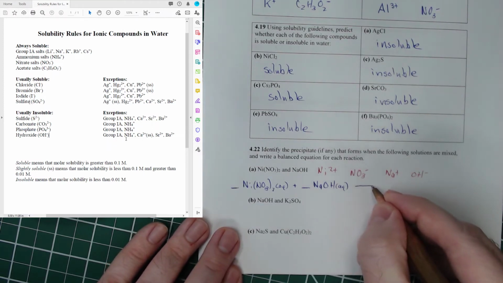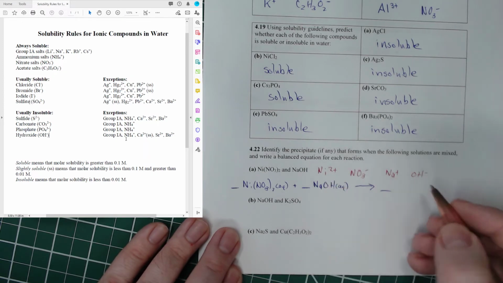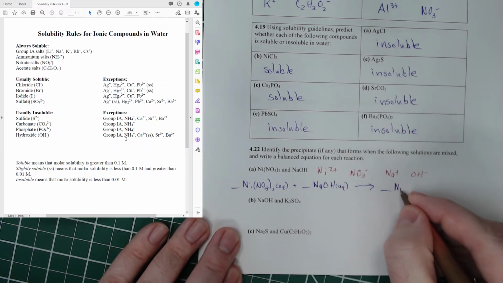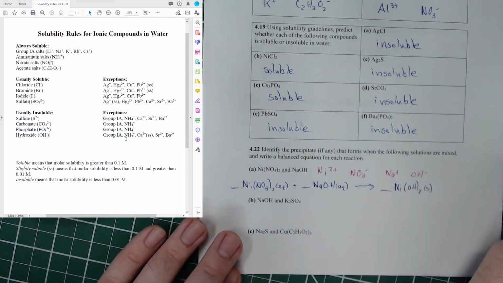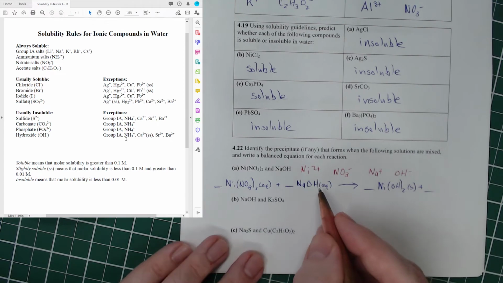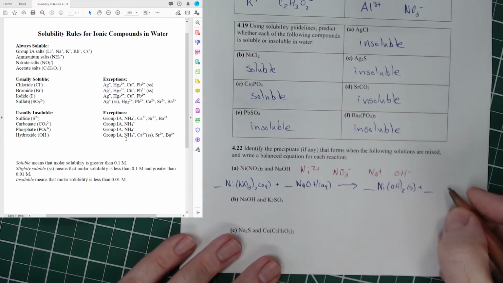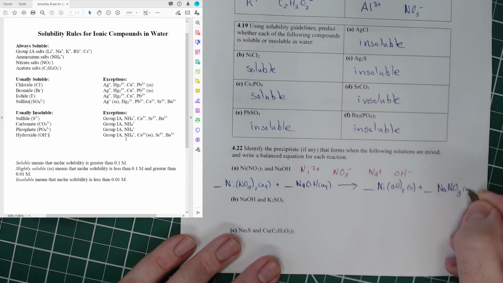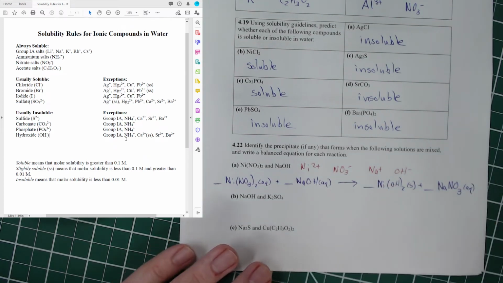And then I usually write my precipitate first, and the precipitate in this case is nickel 2+ hydroxide, so that's going to be Ni(OH)2, and that will be solid. We'll indicate that with an (s). And then finally for the other one, we're going to have the sodium ion and the nitrate ion. It's the stuff that's left over. And so that will be NaNO3 (aq). Since sodium's +1, nitrate's -1, that is the formula.